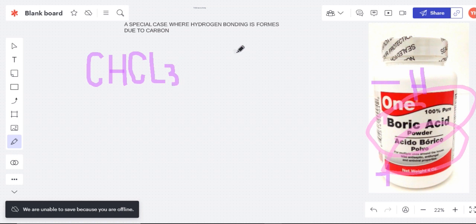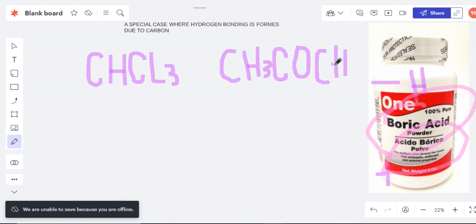And the other one, propanone, is CH3COCH3. This is the formula of propanone. I'm writing the name here as well.